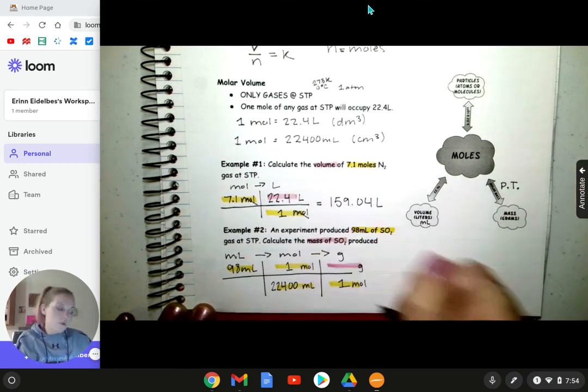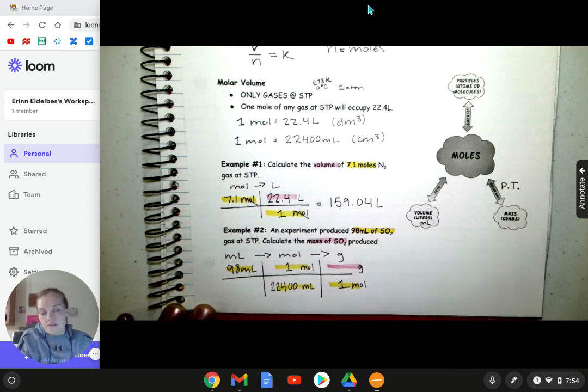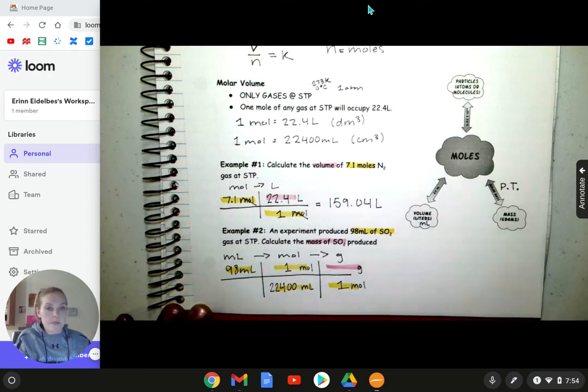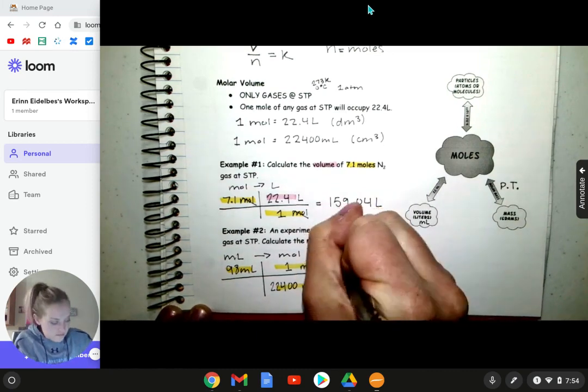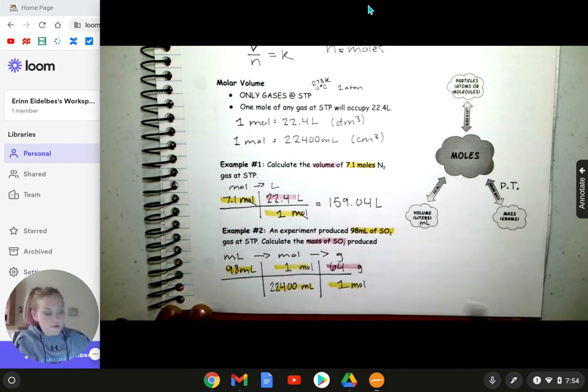In 1 mole of SO2, to find out how many grams there are, we're going to take the mass of sulfur and add it to the mass of 2 oxygen, which sulfur is about 32, oxygen is 16 if I have 2 of them. 32 plus 32 is 64.